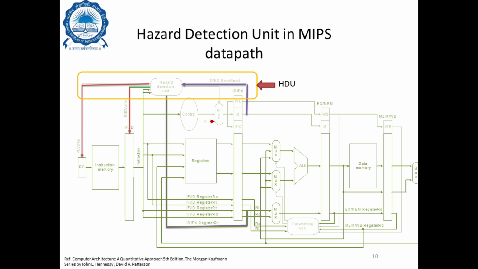But if you do allow it to change, then obviously we lose the fetched instruction. That is the reason behind doing this. So the HDU is clear: these are the input signals coming from this part, the two green inputs and the deep blue input coming from the output of the ID/EX pipeline register, and the output goes into the multiplexer as well as into the IF/ID and into the PC.